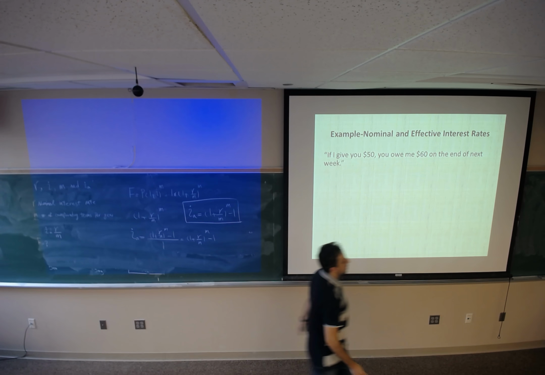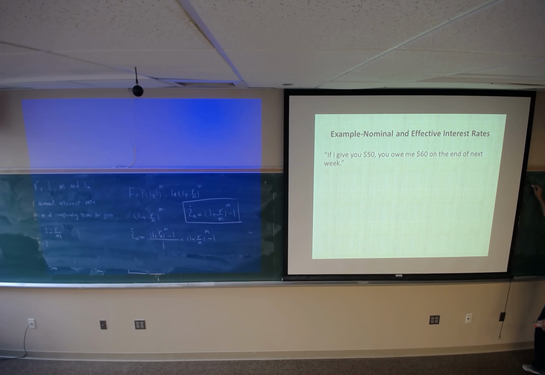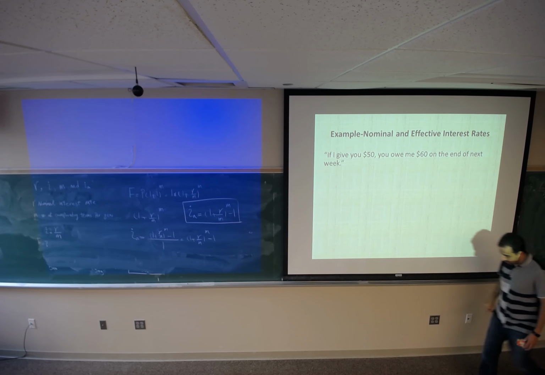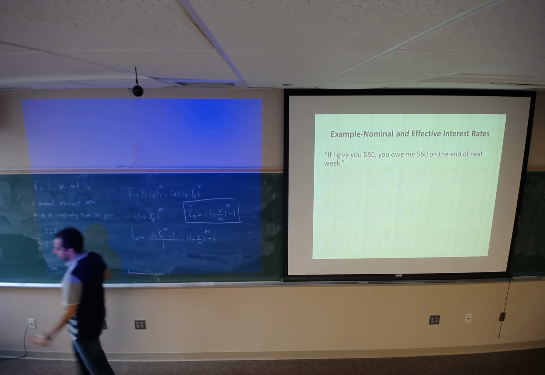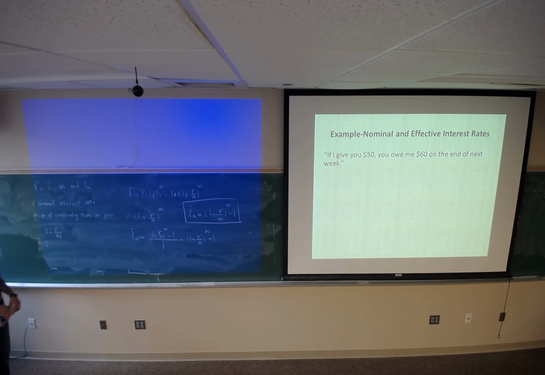So it means the actual or effective interest per week is gonna be $60, the future value that I should pay, minus the money that I borrowed, divided by 50. So 60 minus 50, 10, divided by 50, it's gonna be 0.2 or 20% per week. If this is the condition, then the interest rate per week is 20%.